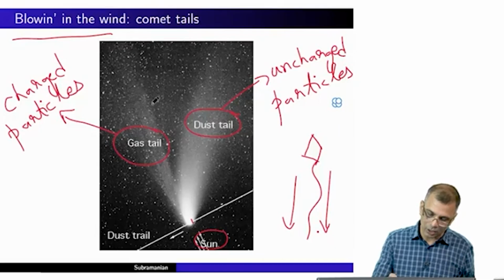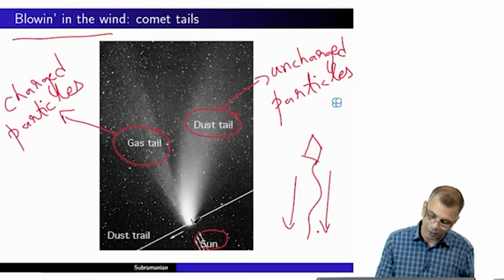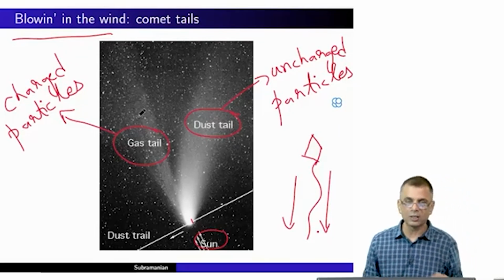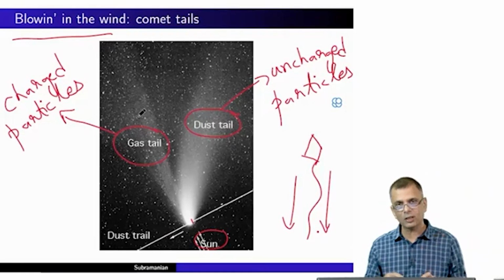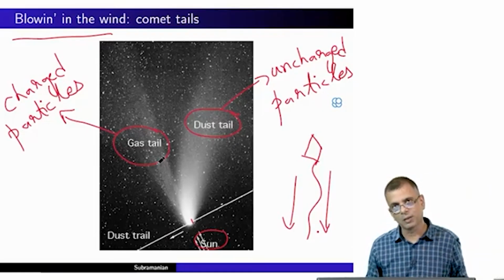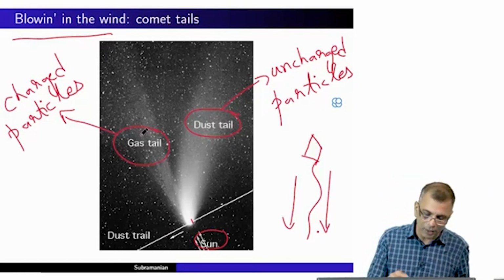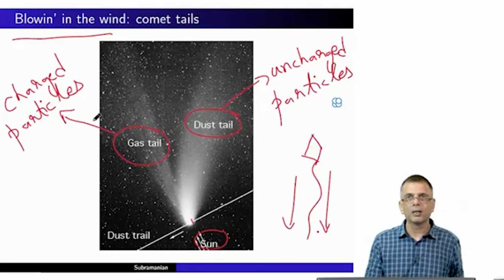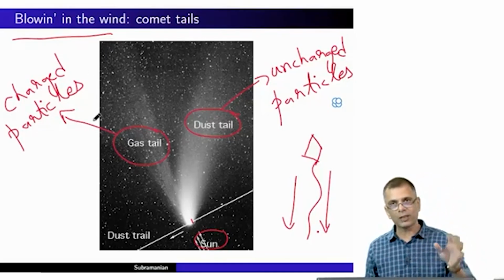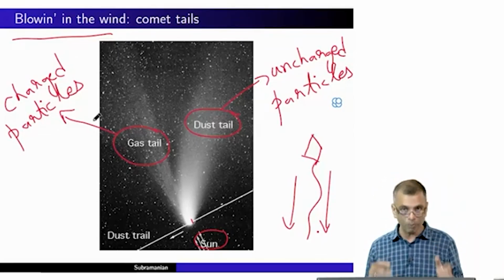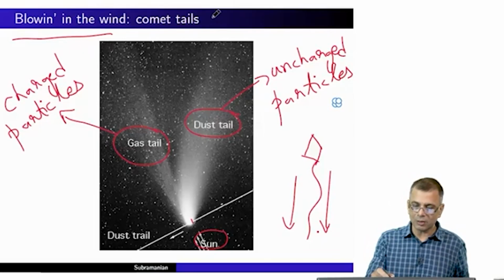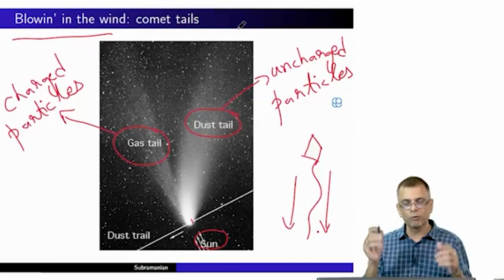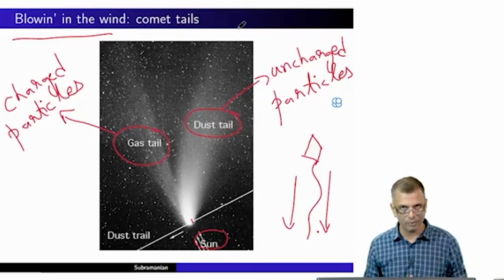So what these charged particles are actually doing is following the large scale magnetic field from the sun, which is drawn out by the solar wind. So the solar wind is essential to this description. The fact that the charged particles are following the magnetic field drawn out by the solar wind is an important effect, but a secondary effect. In some sense this was one of the first proofs of the existence of a solar wind.